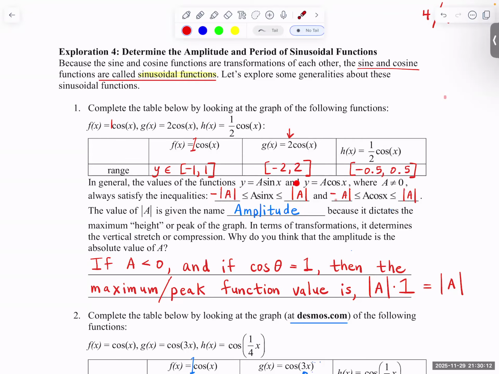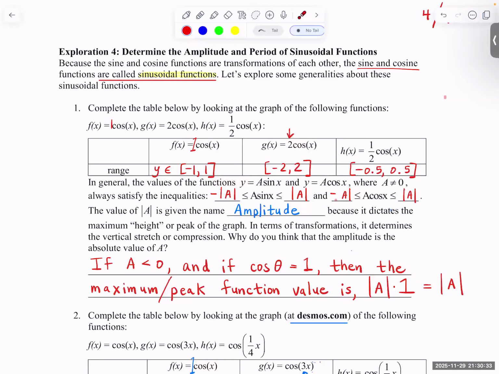And at most, the function value will be the absolute value of A. Again, it's absolute value because the coefficient A could be negative, but the absolute value of A gives you the maximum positive value that the function can have.